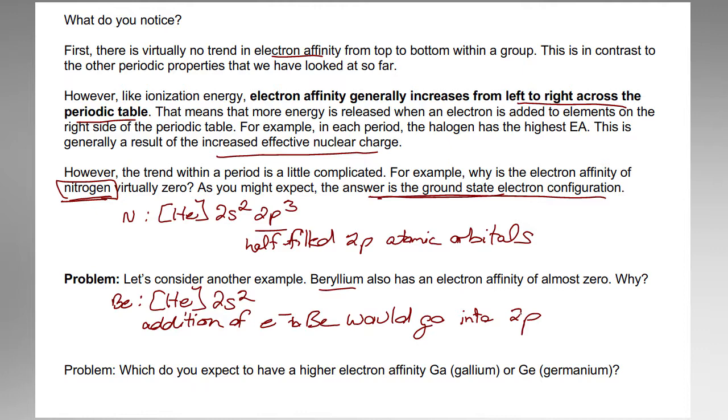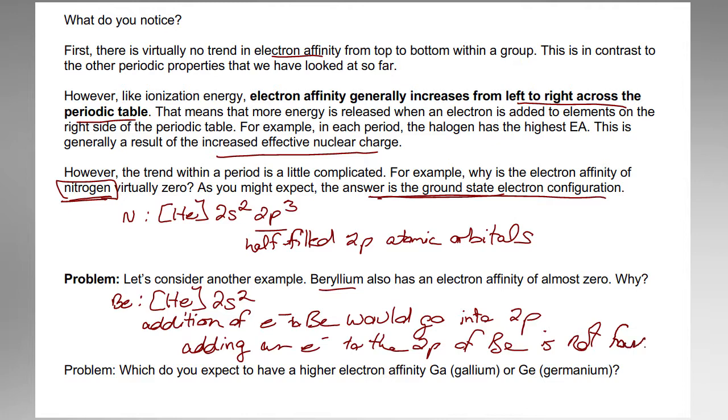But we know the 2p atomic orbital is actually higher in energy than the 2s, noticeably so in beryllium, so that it doesn't release energy. So adding an electron to the 2p of beryllium is not energetically favorable. So the electron affinity is not positive.